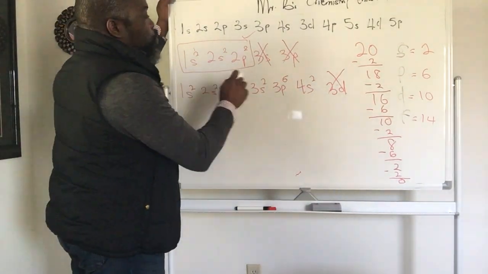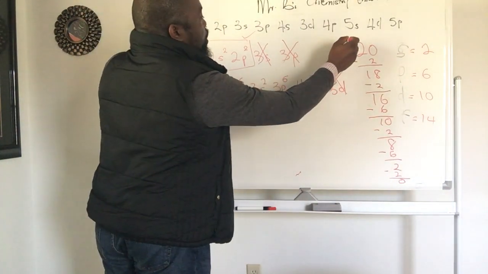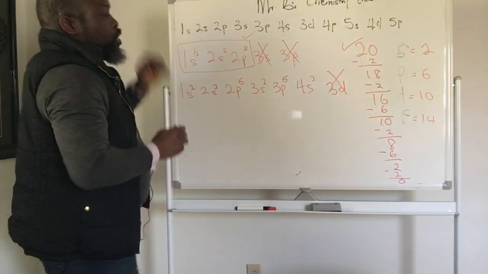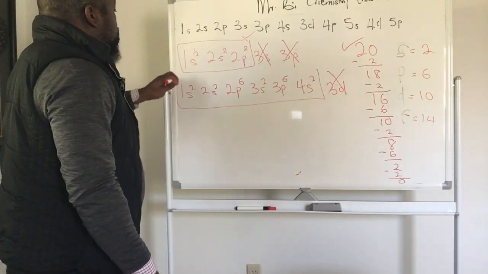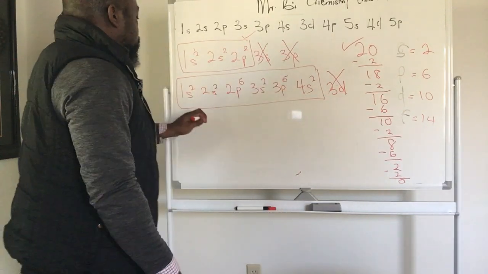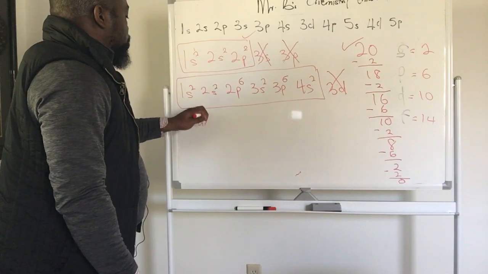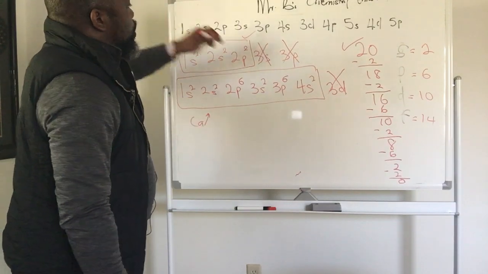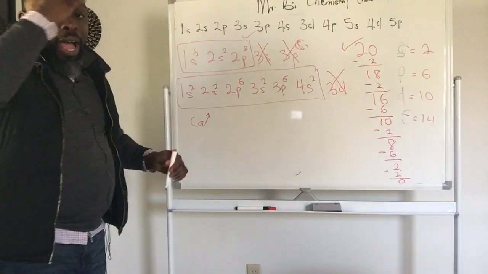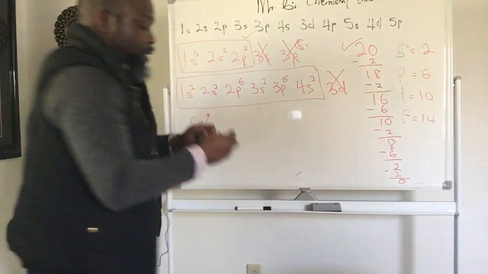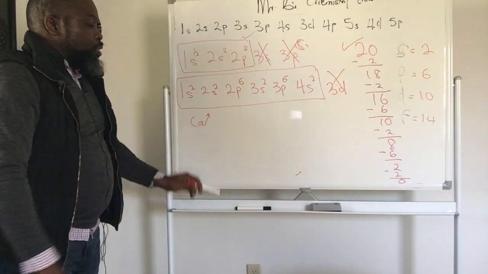After adding, we are able to get back our 20 atomic number. So this is going to be the electron configuration for what? Calcium. So this is calcium, and this is carbon.